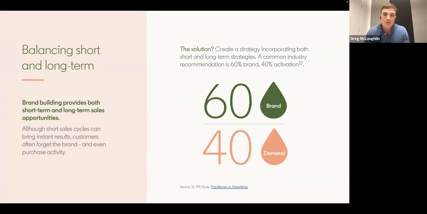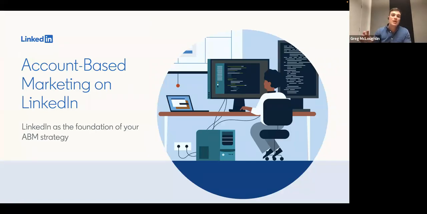So having that brand approach will solidify yourself as a leader, even on LinkedIn, and in the lead gen efforts that you're doing. You're targeting people who are a lot more likely to actually convert in the long game. So it's super, super important to have that balanced approach, and it will carry through to 2023 and beyond. Next is account-based marketing.